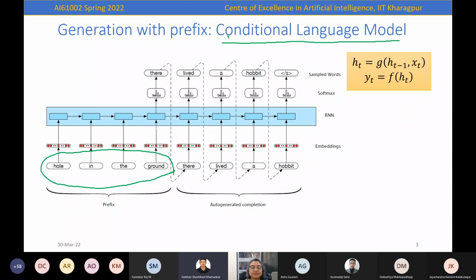Ma'am, can you repeat this slide once again, please? Any questions? I cannot hear you. Hello, ma'am. Can you repeat this slide once again? I think somebody is speaking, but I cannot hear. You can put it in the chat box.